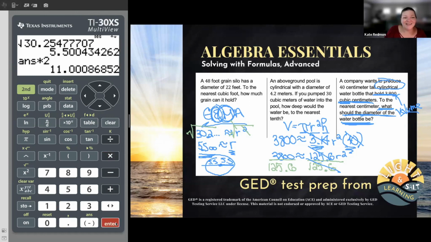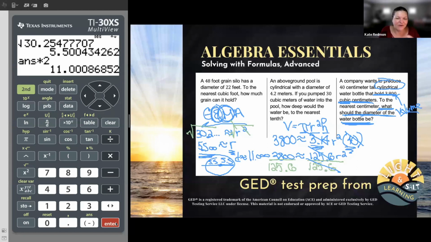See how easy it is to just walk away thinking you did all the hard work and then get tricked by that little radius diameter relationship. All right, so the diameter then is twice the radius, and the diameter in this case is about 11 point yada, yada, yada. And now, and only now, I will round, because now I found what they asked me to find.